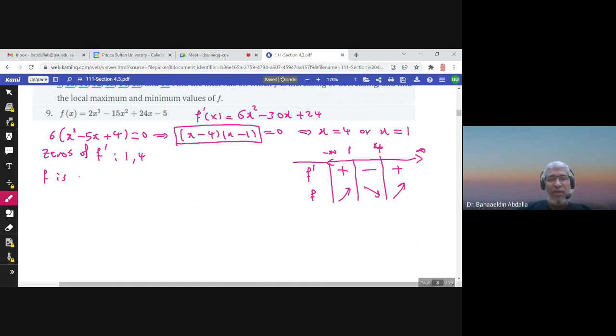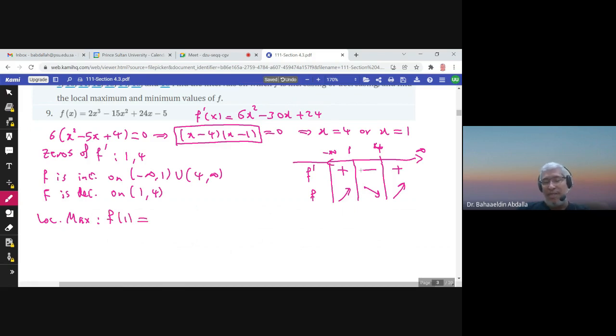So now the answer. f is increasing on the intervals from negative infinity to 1, union from 4 to infinity. And f is decreasing on the interval from 1 to 4. And now local maximum. f of 1 is the local maximum because I have increasing then decreasing.